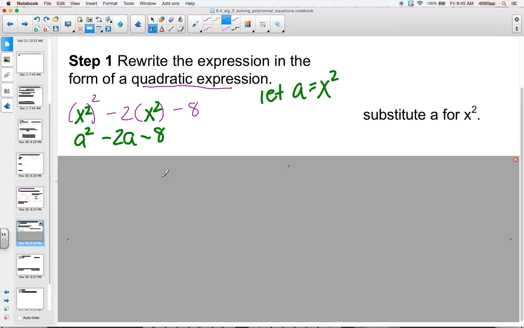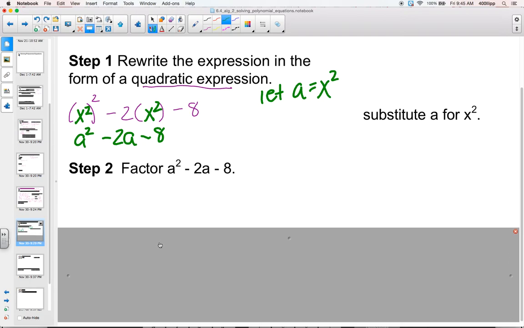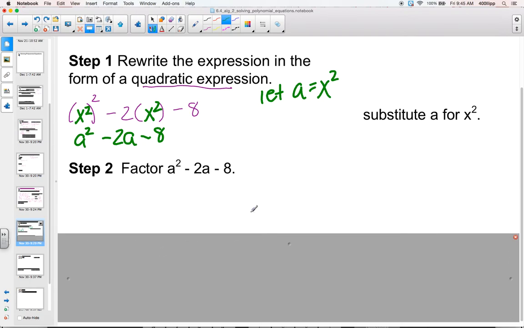So that's just rewriting it and replacing your x squared with a. Now we're going to factor a squared minus 2a minus 8 like we would for a regular quadratic. So I'm going to say what multiplies to negative 8 and adds up to negative 2. That's going to be a minus 4 and a plus 2.